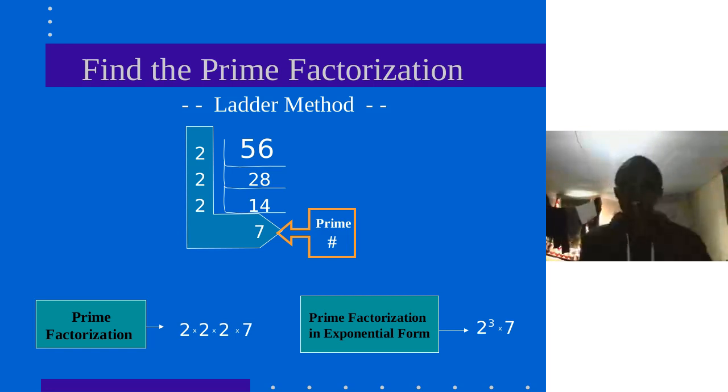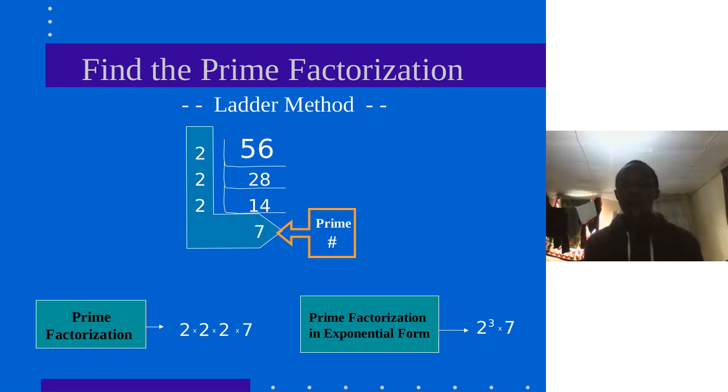Is 7 a prime? Yes, it is. So you will divide 7 by 7 to obtain 1. So what are our factors? It will be 7 multiplied by 2 multiplied by 2 multiplied by 2. Remember, you choose the common ones and write them in power form.